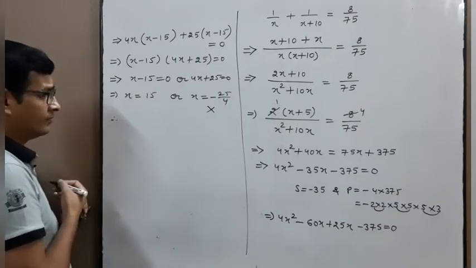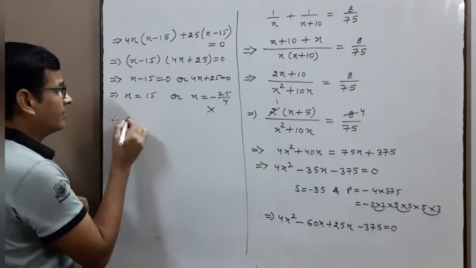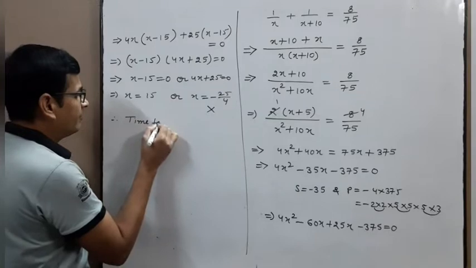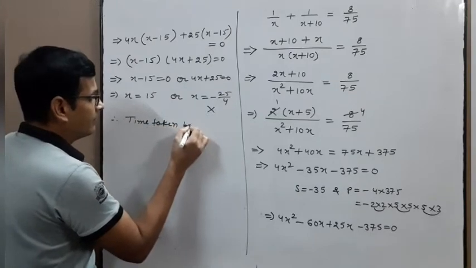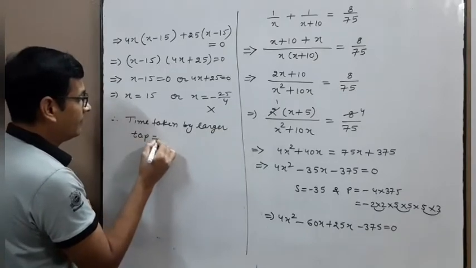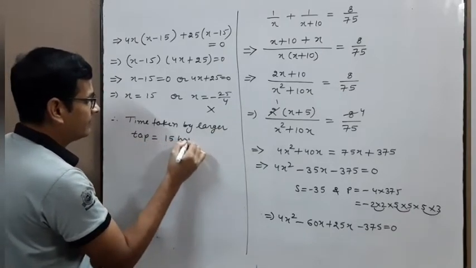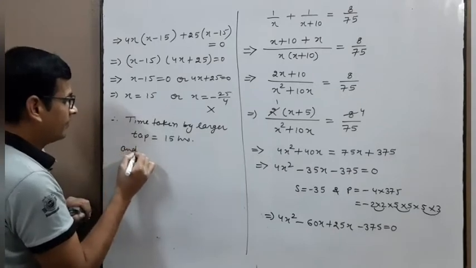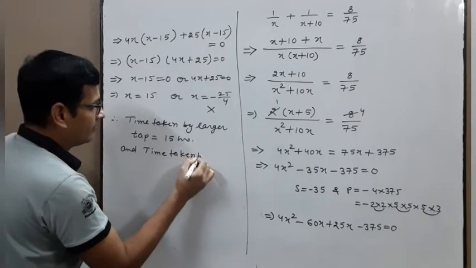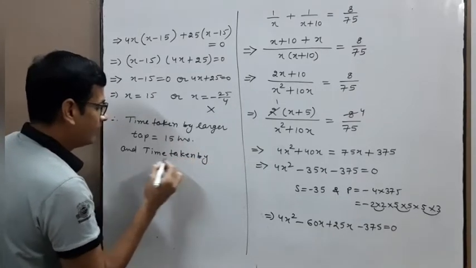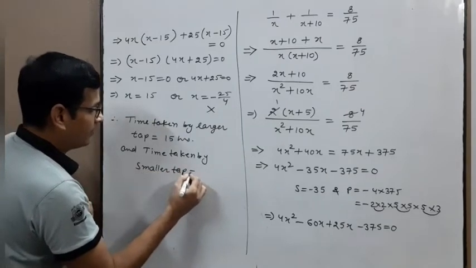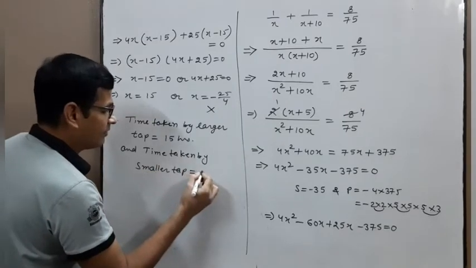Therefore, the time taken by the larger tap is equal to 15 hours, and the time taken by the smaller tap is equal to 15 plus 10, 25 hours.